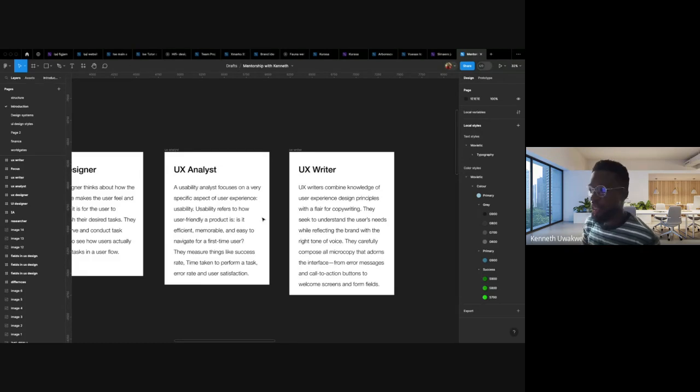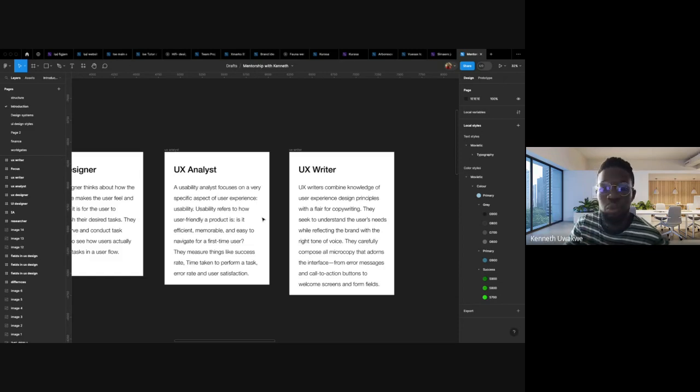The UX analyst measures, when the user comes into the application, the average time a user takes to make an order. Which of the processes is a blocker for the user? Where does the user experience challenges in making an order? The UX analyst analyzes all that data to make sure that, at the end of the day, users are able to achieve things swiftly and quickly, and the business goals are being met as well.